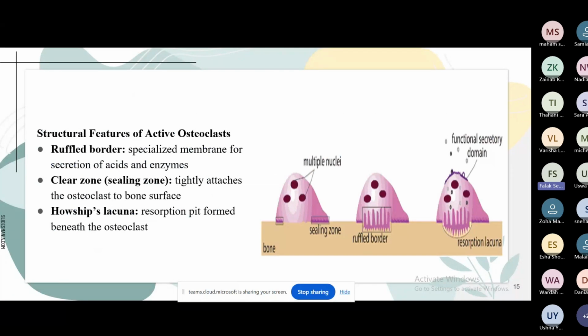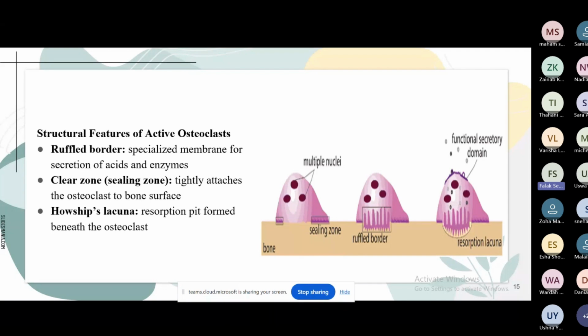Now you can see here that these purplish cells are osteoclasts, and here in the lighter pink area you will find that they are attached to the surface of the bone. Okay, so wherever they attach to the surface of the bone, they produce specialized membranes. You can see here, and these specialized membranes are known as ruffled border.